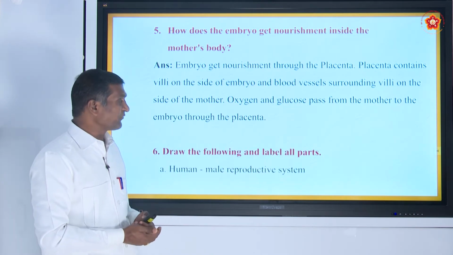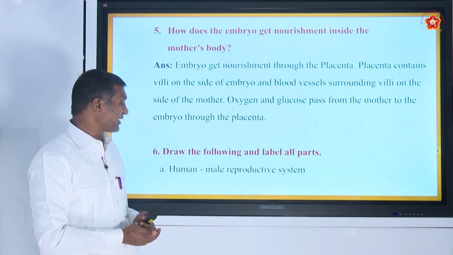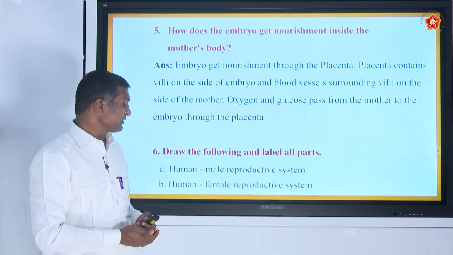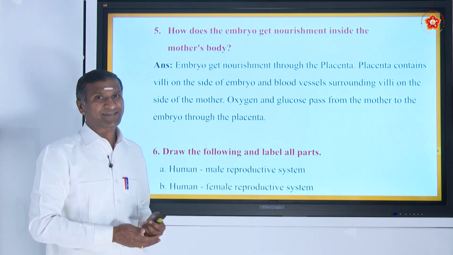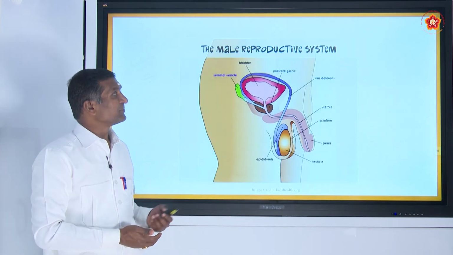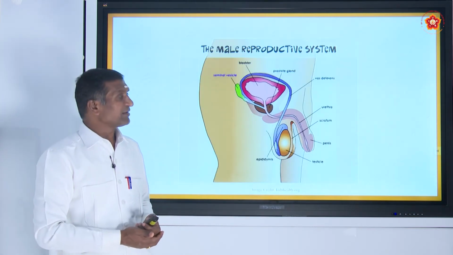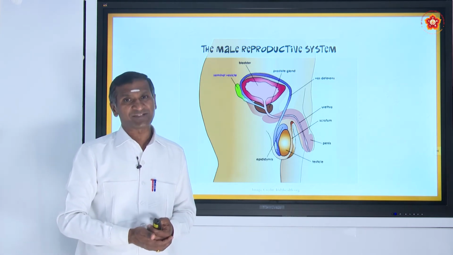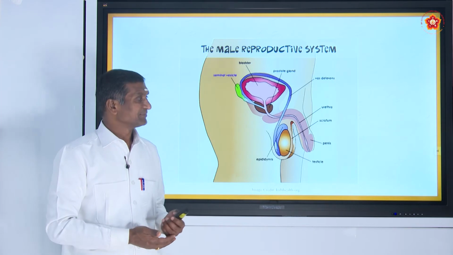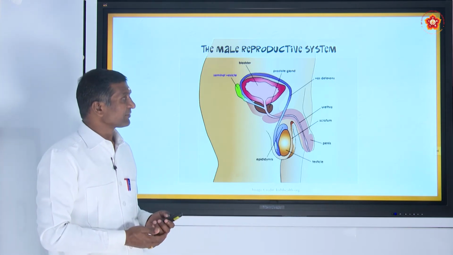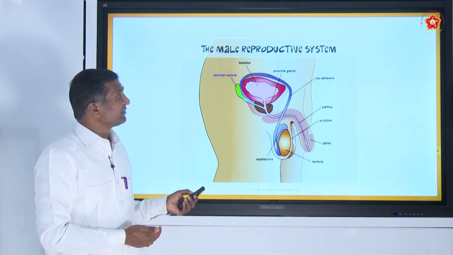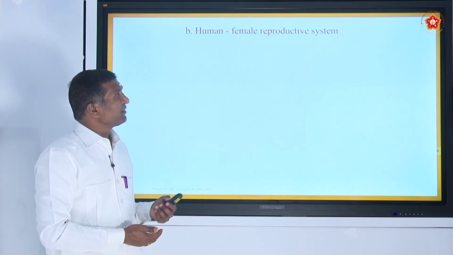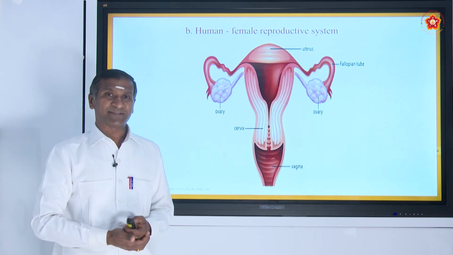So, draw the following and label all parts: the human male reproductive system and the human female reproductive system.